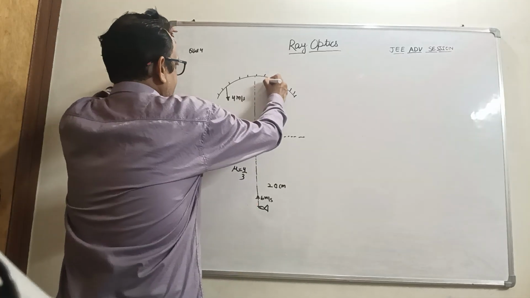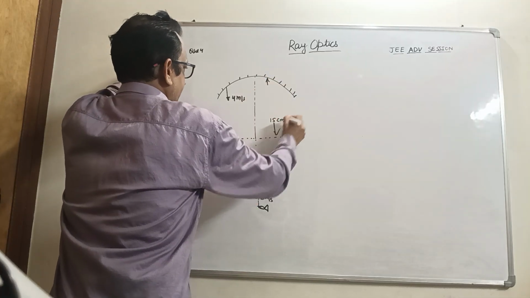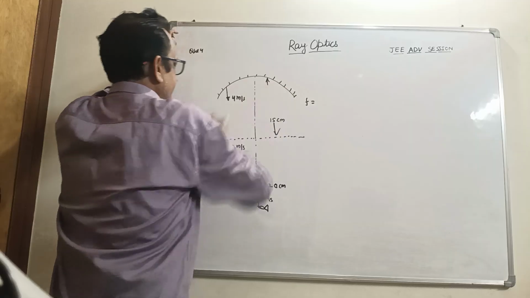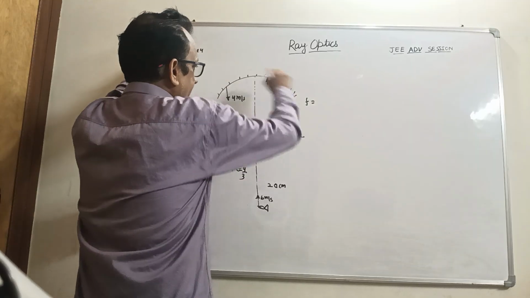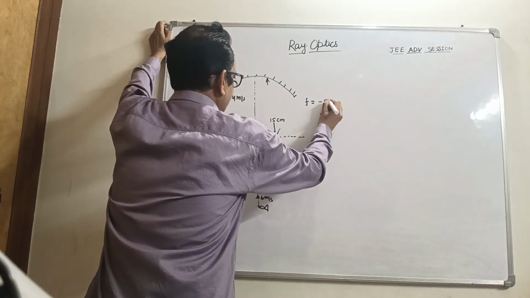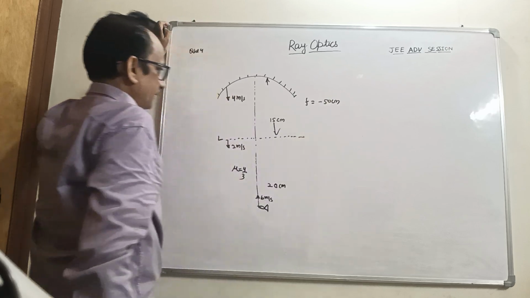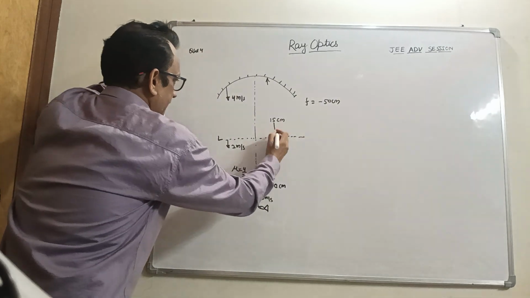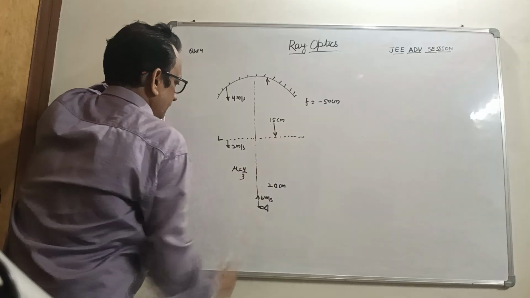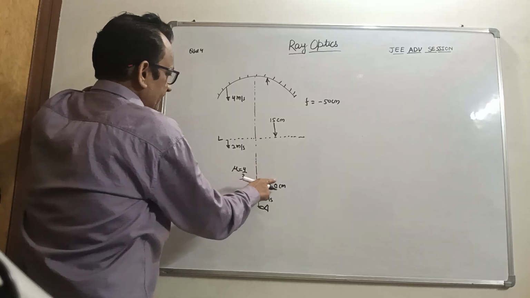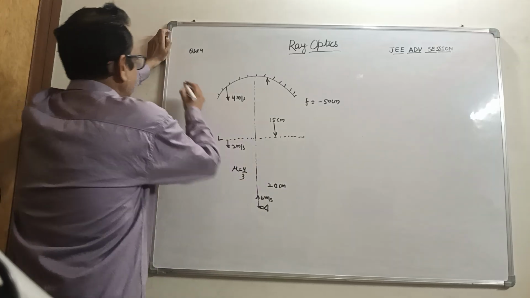This is the scenario here, and the focal length of the concave mirror is minus 50 centimeter.